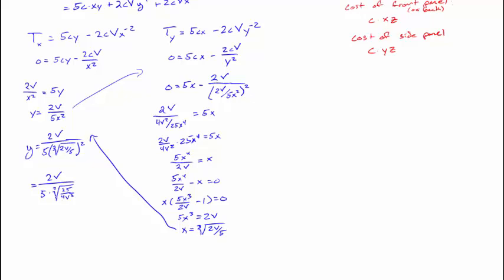I really want to do this in exponents instead of roots. So 2v over 5 times 5 to the 2/3 over 2 to the 2/3 times v to the 2/3. I'll flip this up to the top. I'm going to get 2 to the 5/3 times v to the 5/3 over 5 to the 5/3.